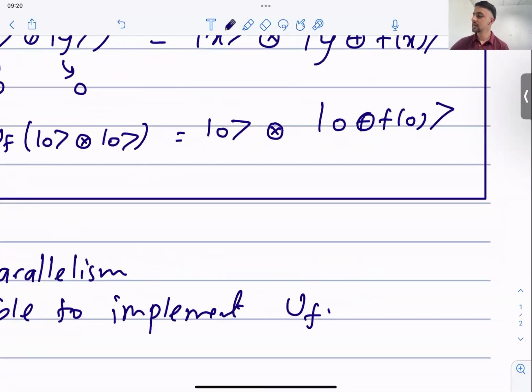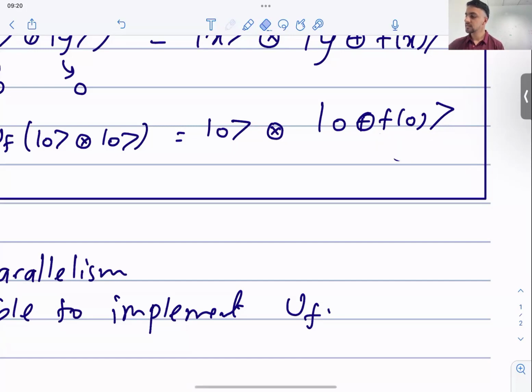So I told you that when you have two inputs on the XOR, on the left and the right, this gives you 0 if these are the same, and it gives you 1 if these are different, which means if f of 0 is 0, the outcome of this will just be 0, and if f of 0 is 1, the outcome will be 1, right?